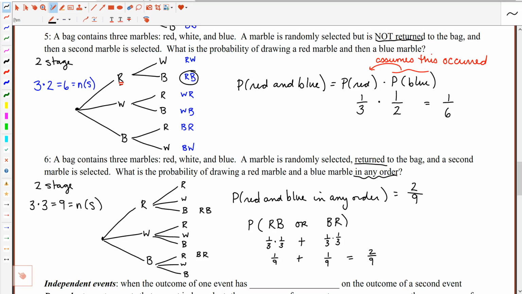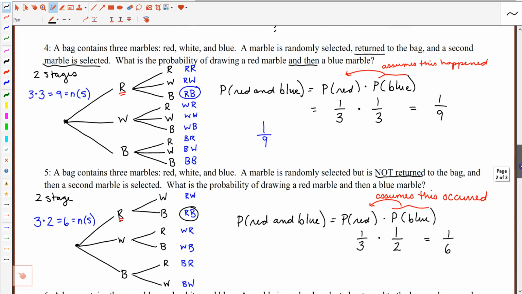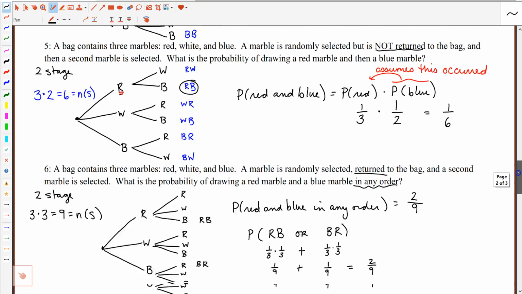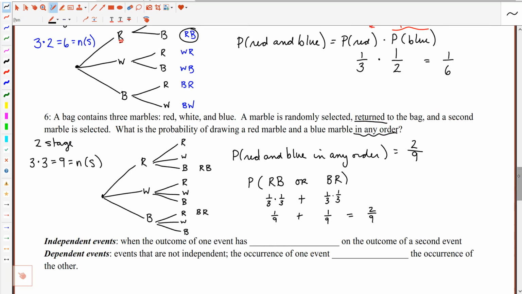Now we had to pay particular attention on these multiple examples to whether or not the marble was returned to the bag. Like on these first two, this one was returned to the bag, this one it was not, and that severely affected how I continued the tree moving forward, right? The difference between these two examples is a pretty important idea, and it talks about independence.